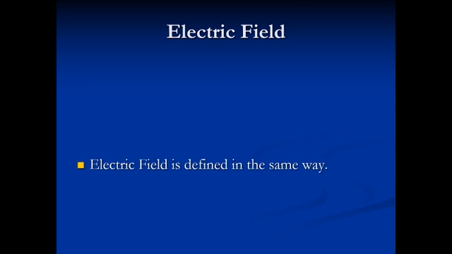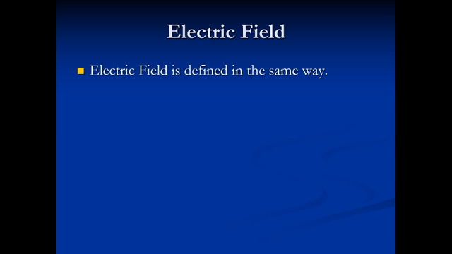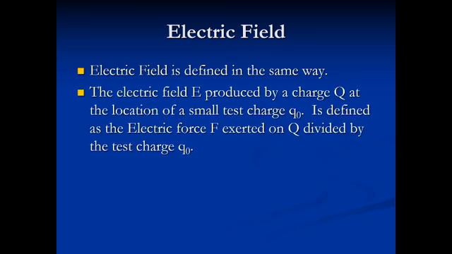Similarly, for an electric field, it's very closely defined. Basically, you imagine some charge Q is creating this electric field, not magnetism yet, and then you have some small test charge Q0, and that electric field is generating a force on it. The electric field is that force divided by the test charge.